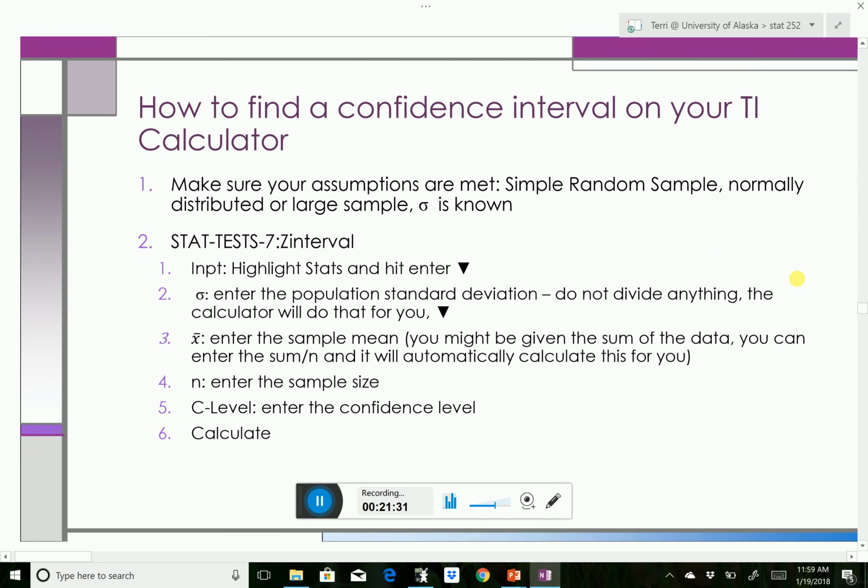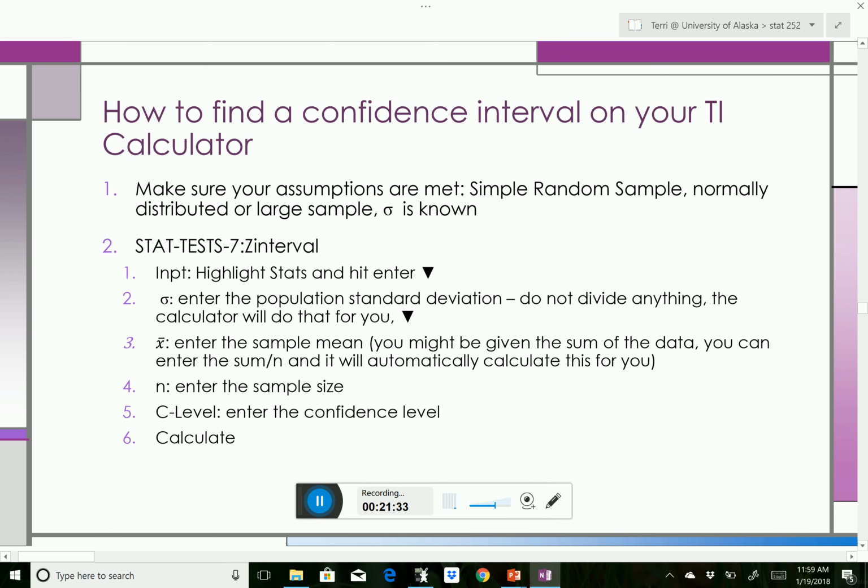Okay, so let's talk about finding one in our TI calculator. Let's find the confidence interval for the example that we had. So remember we know that x bar was 135. We were given that sigma is 15, and we had a sample size of 20. And we want to find this confidence interval.